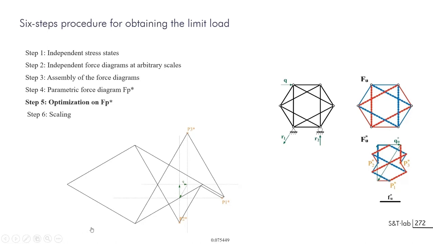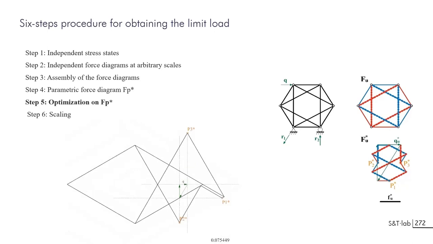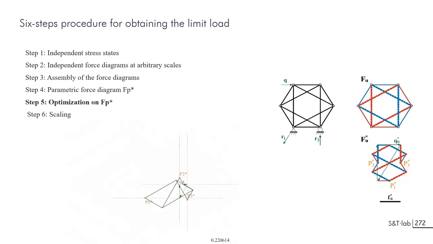You will see from this how you can play with several parameters linked to the problem. This could be made in an automatic way with a process linked to optimization. And you can see that the force polygon is getting smaller and smaller, and at the end that will be adjusted. This is the final solution, as you can see here.